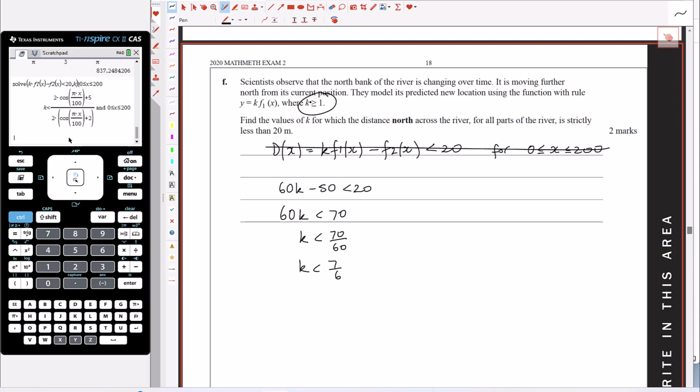And obviously also k has to be bigger than or equal to 1. If k equals 1, nothing's changing. If k is less than 1, the graph would squash down and we're not moving the river further north. So 1 is less than or equal to k, which is less than 7 on 6.